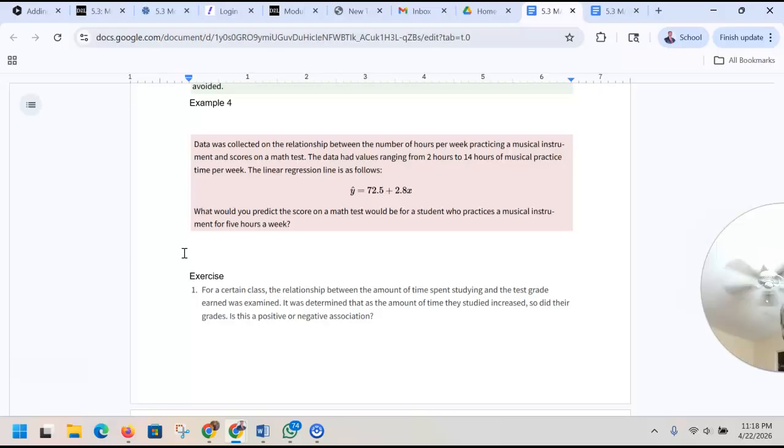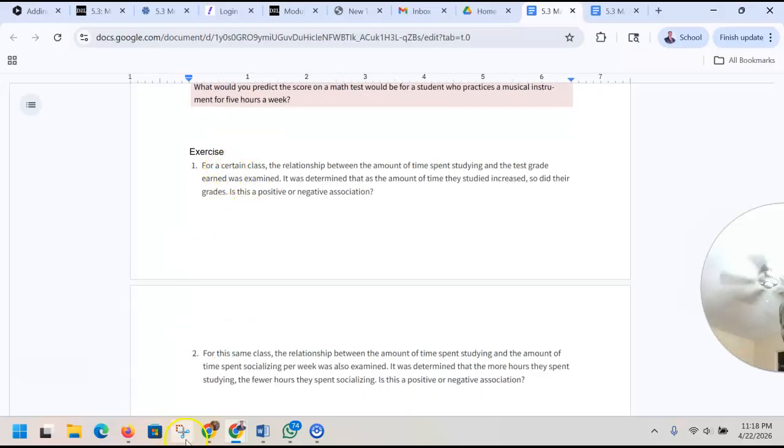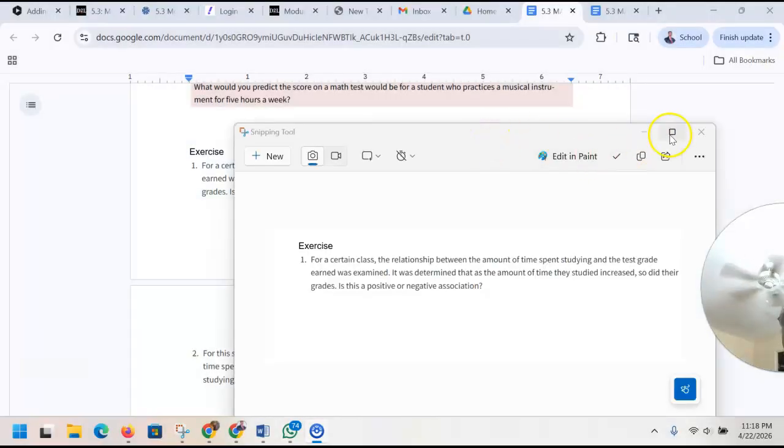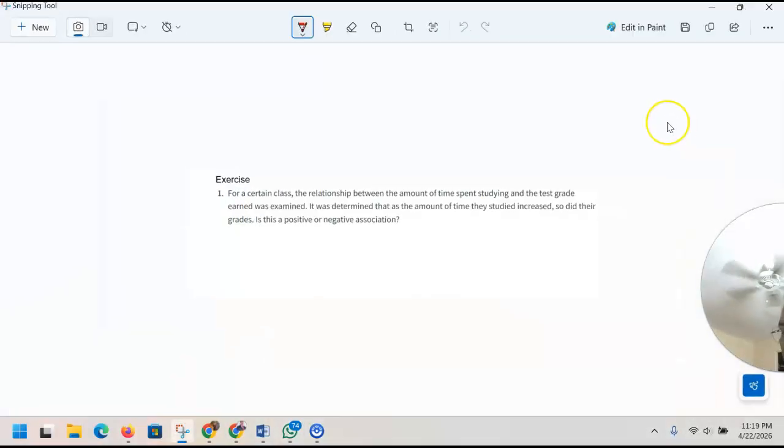So look at the exercise here. This question is asking about a certain class, the relation between the amount of time spent studying and the test grade.